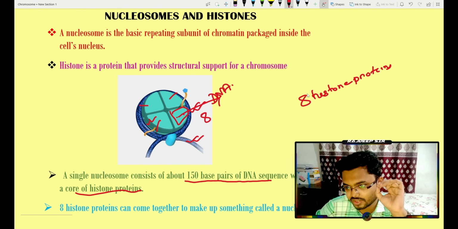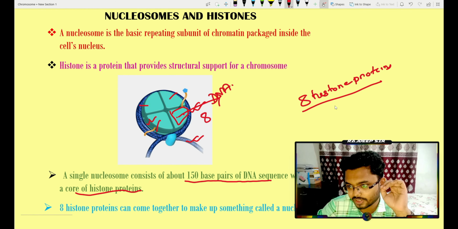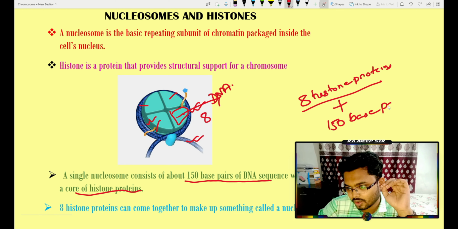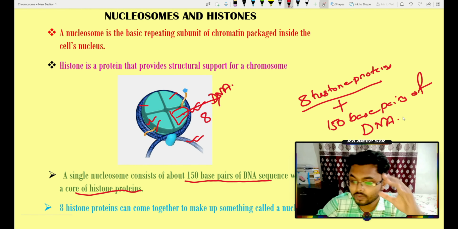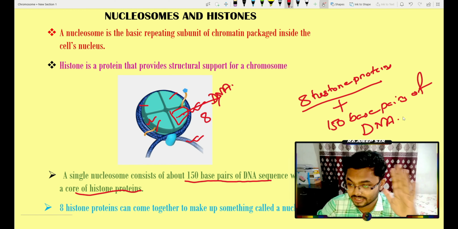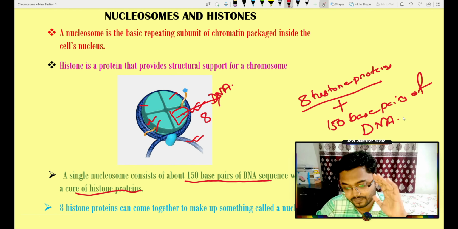These are each histone proteins, these 8 histone proteins along with 150 base pairs of DNA. We call these structures a nucleosome. Clear? I hope it's clear to everyone.